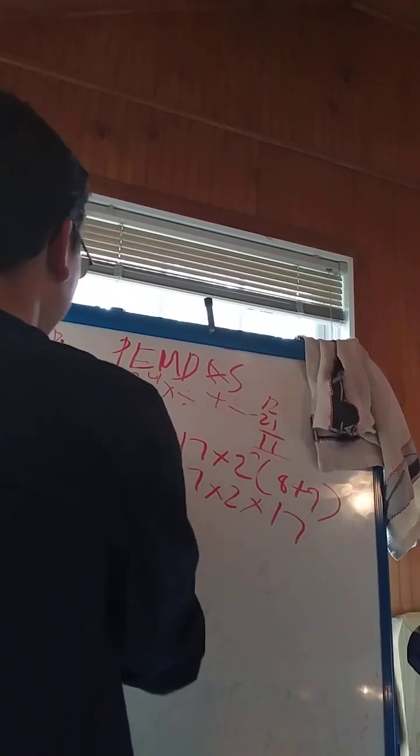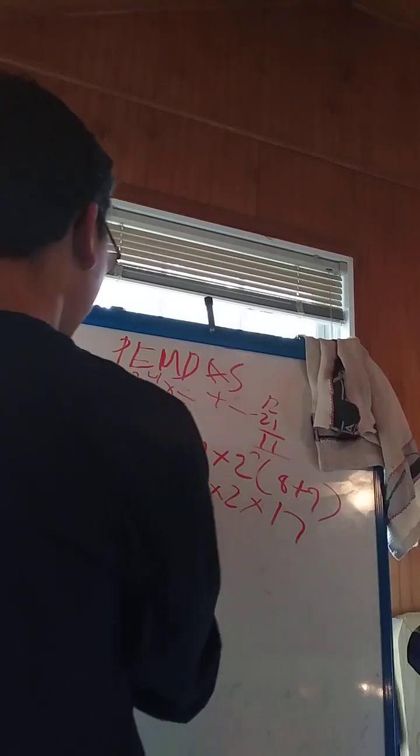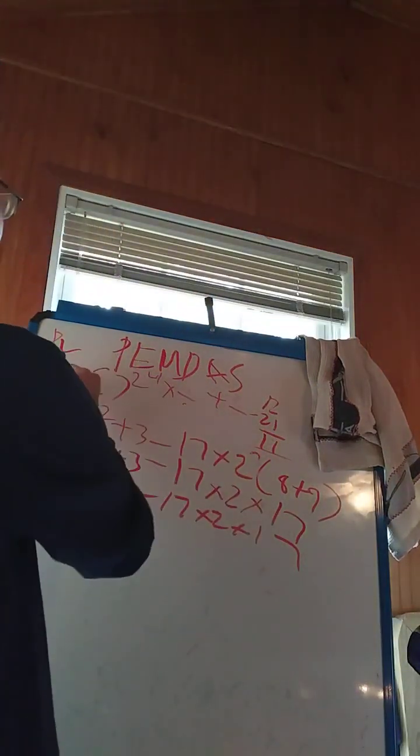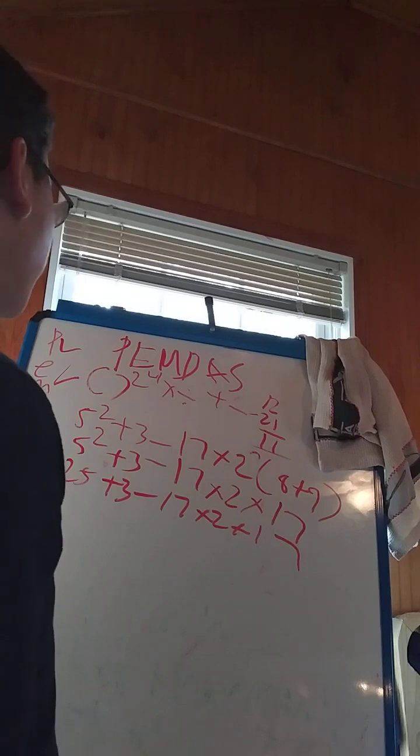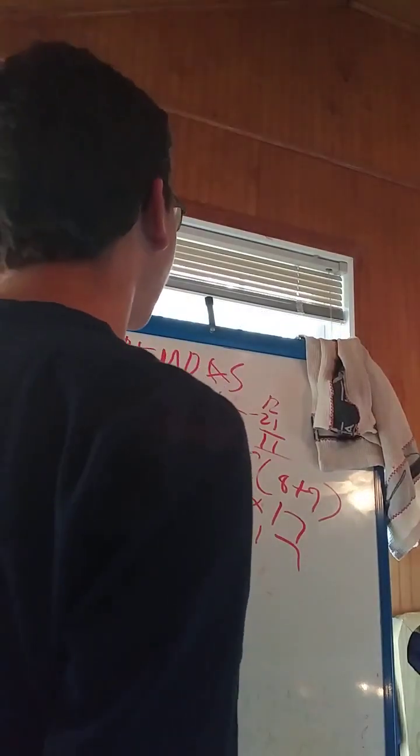Okay, I'm losing my mind here. So 25. We drop everything else down. So now we cross off exponents. Now what we have left is MDAS.